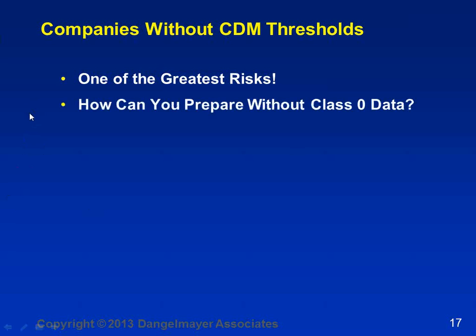Okay, companies without CDM thresholds. This is one of the greatest risks. As I mentioned earlier, we had catastrophic failures, 100% failure rates, and it was due largely to the absence of data, and I'll show you that example momentarily. The question is, if you don't have the data, how can you prepare for class 0?